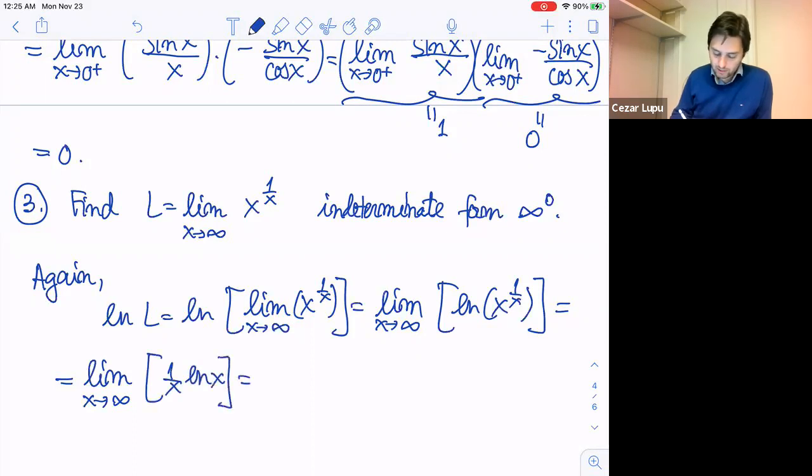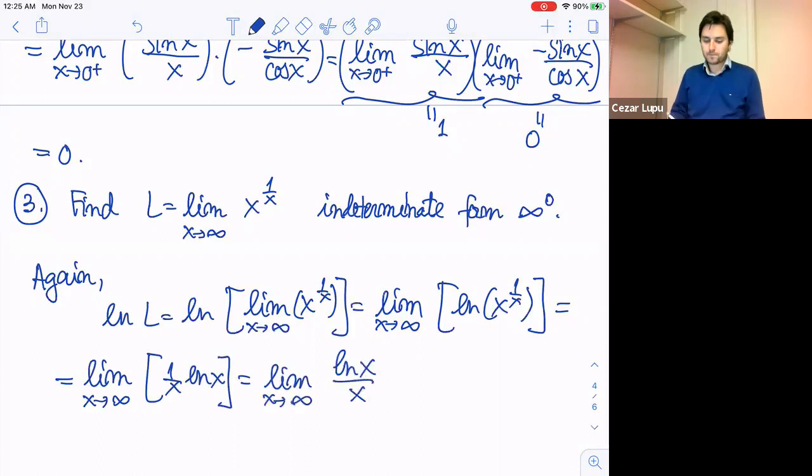Or if you want, this is the limit as x approaches infinity of ln of x over x. And now, thank God, we're in a good position. So this would be infinity over infinity. So we can apply L'Hopital rule.